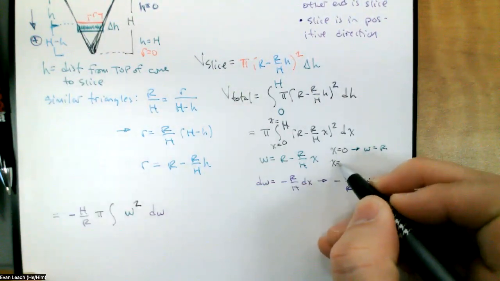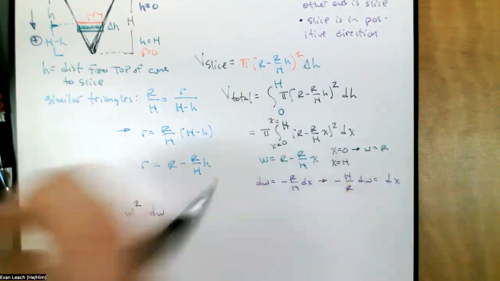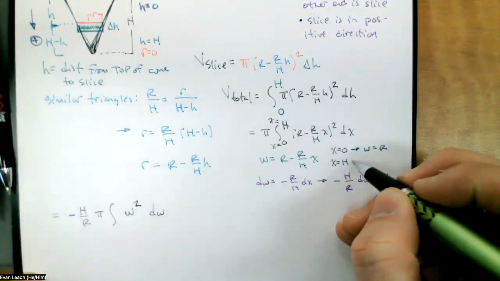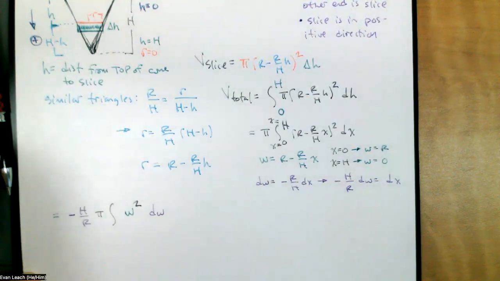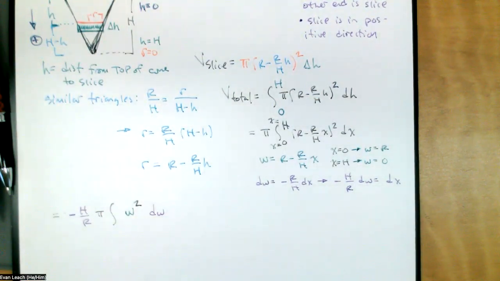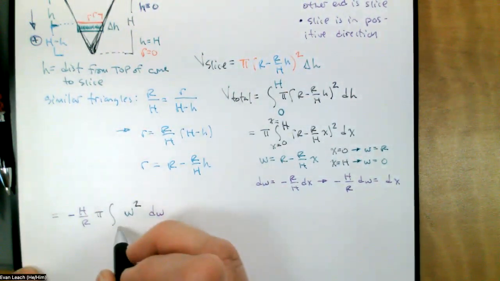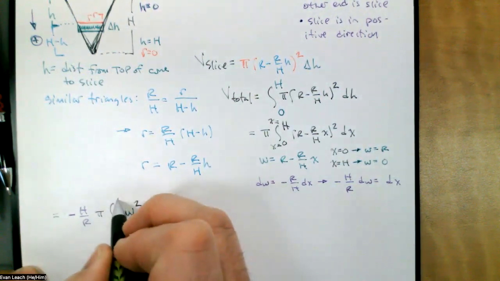And if x is equal to h, that means w will be equal to 0. So instead of integrating from 0 to h, we're going to integrate from r to 0.